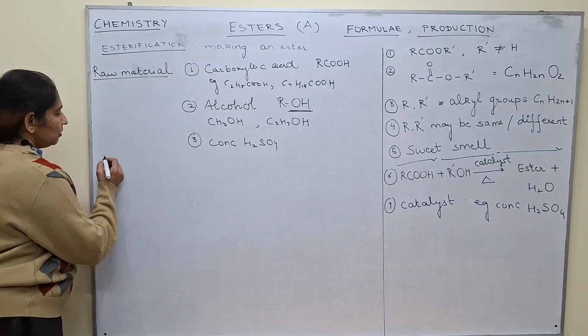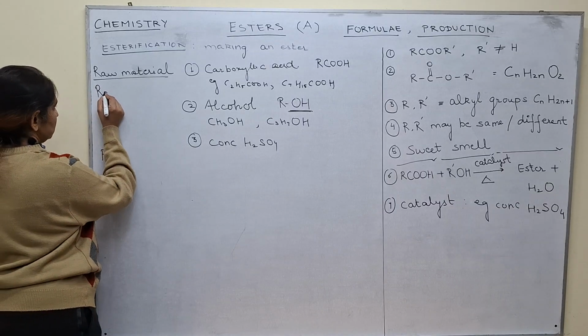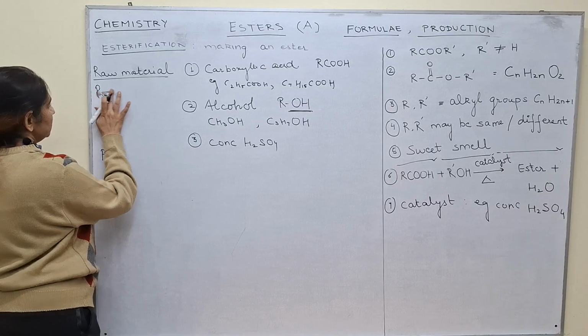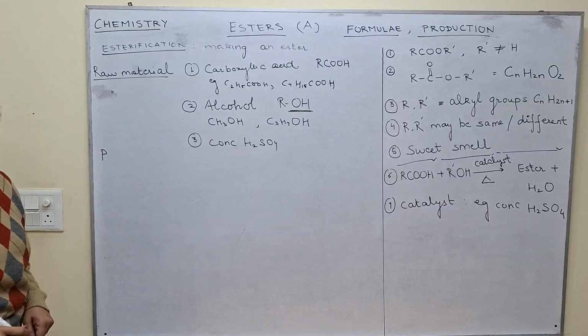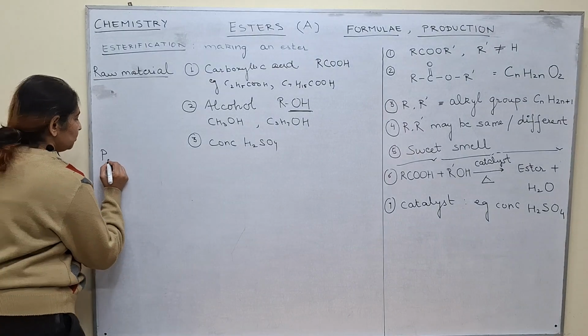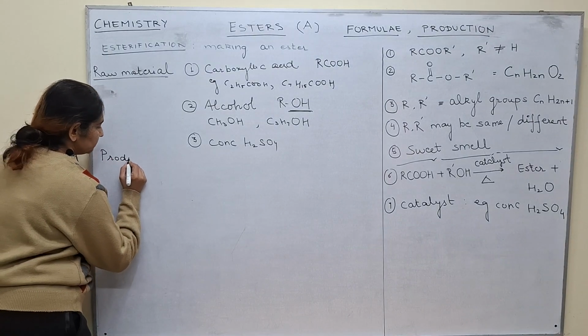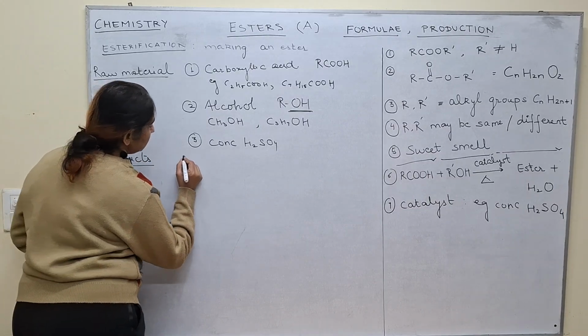Now, what are the products? I can call them reactants also, actually. No, not reactants, because then H2SO4 will not come in the correct order. Now, what are the products formed? The products formed are simple.